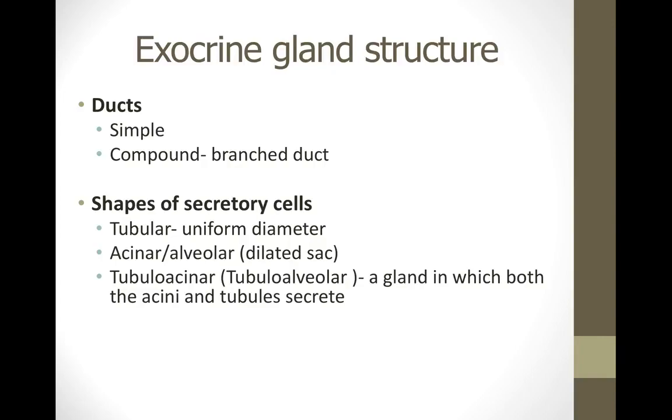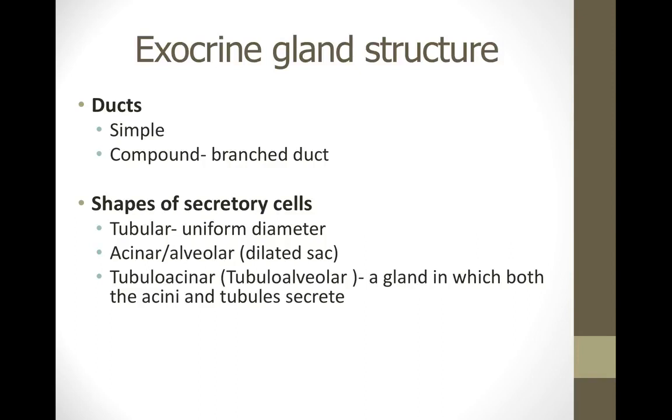The only thing I do want you guys to know is the difference between exocrine versus endocrine. Anytime you hear the word exo, it implies outside. So exocrine glands are glands that carry ducts that open up either inside a cavity or on the surface of the body, versus endocrine glands.